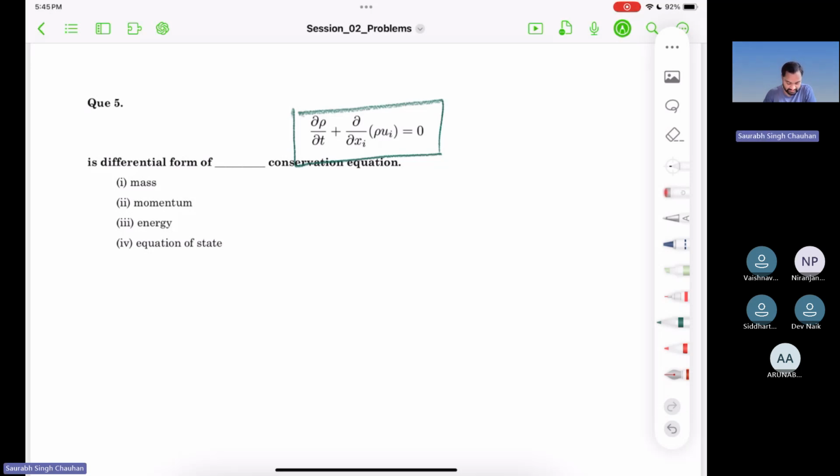So this equation represents the differential form of which conservation equation? Is it mass conservation or momentum conservation or energy equation, or is it the equation of state? I think this is a very trivial question, right? Every time we are using this.